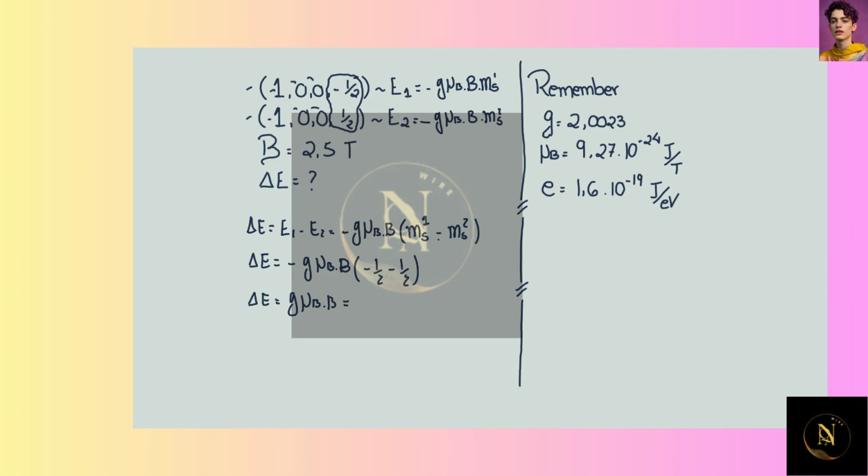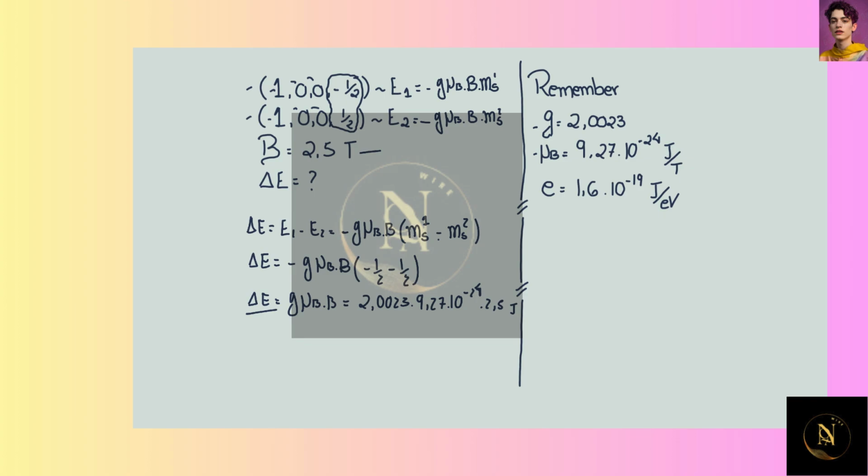Using the values that were given in the problem for the magnetic field, and using the known values for g and mu B, we get 2.0023 times 9.27 times 10 to the minus 24 times 2.5. This is the energy difference, but this will come out in joules.